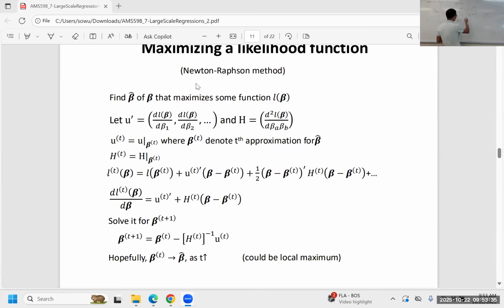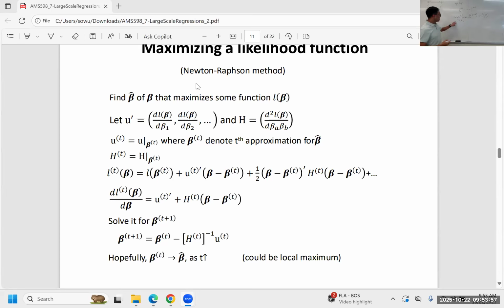Now, if we evaluate L beta at beta t, this is using Taylor expansion, right?